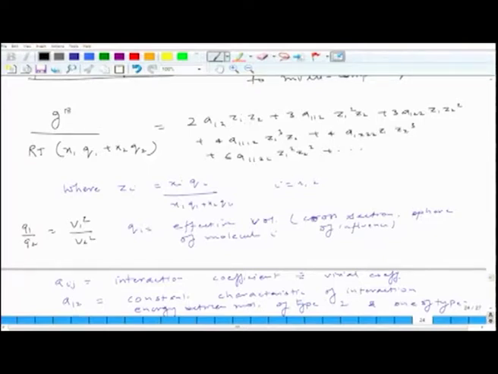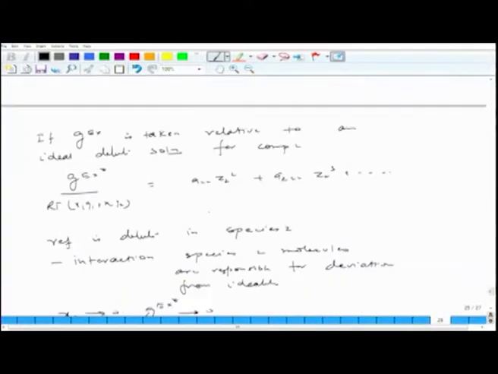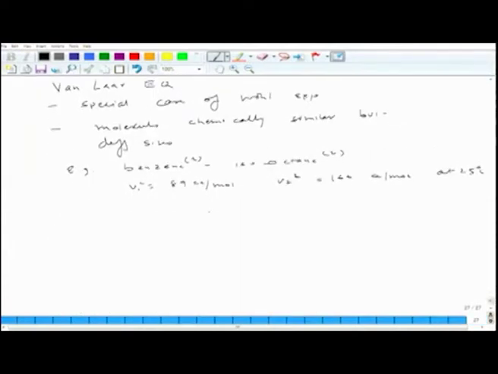So if you remember, Zi is equal to Xi Qi divided by X1 Q1 plus X2 Q2. So let me get there and write it here. What I am trying to say is the following: Gx by RT X1 Q1 plus X2 Q2. If I consider only the first term, right, so this is nothing but Van Laar. Now you can plug in Z here, so this can be written as 2, this one, and this is X1 Q1 divided by X1 Q1 plus X2 Q2.